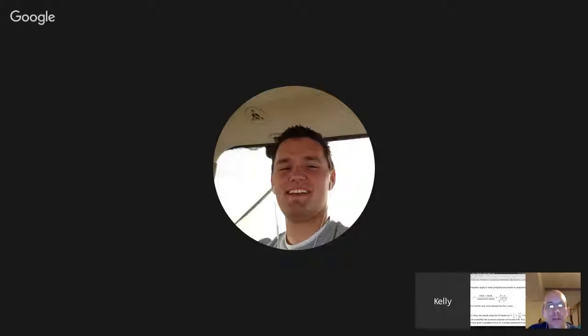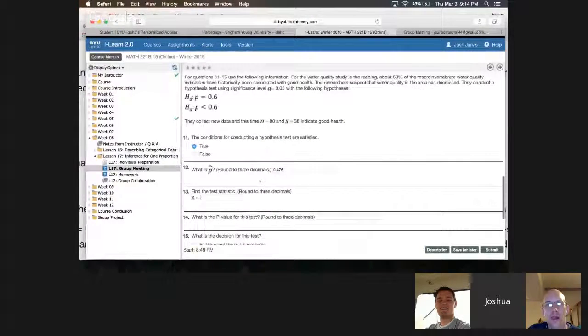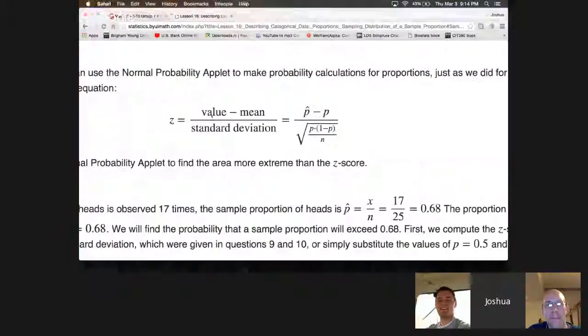The original hypothesis says it's 0.6. So minus 0.6. That's our numerator, negative 0.125. And then our standard deviation uses p, not p hat. So 0.6 times 0.4 divided by n, which is 80, and then square root of that.